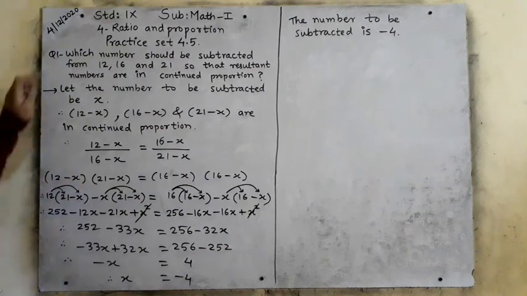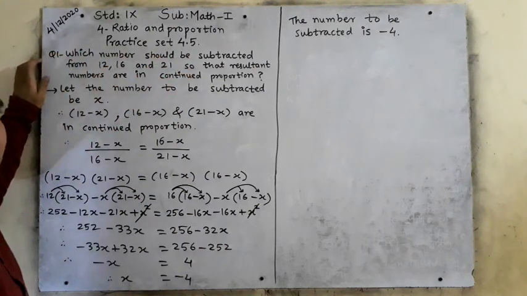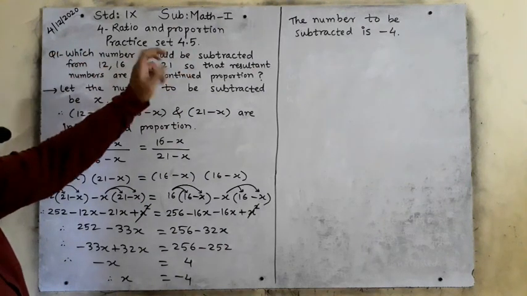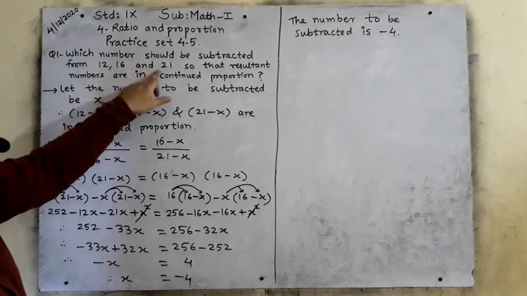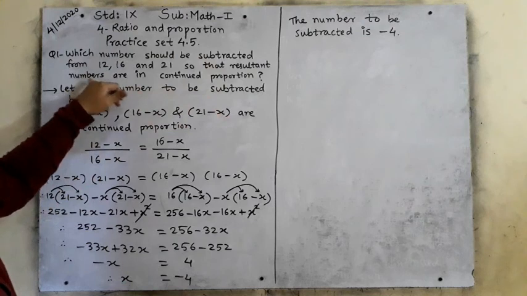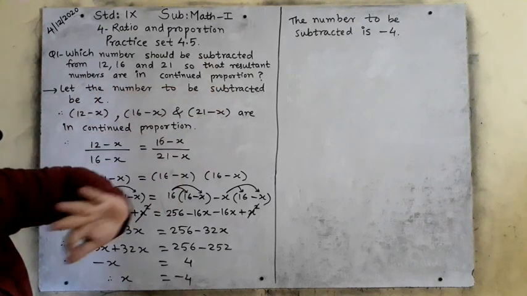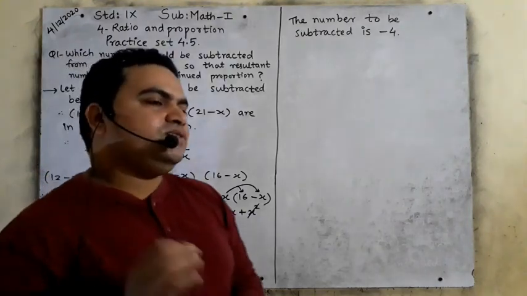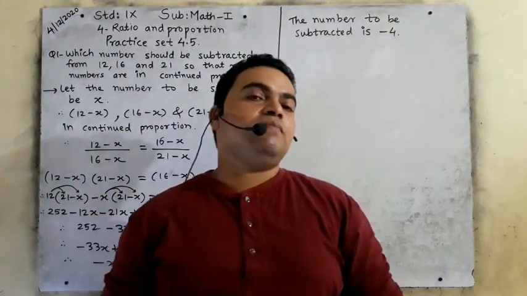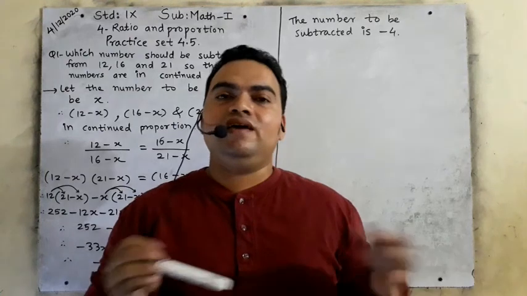See here, practice set 4.5 question number 1: which number should be subtracted from 12, 16 and 21 so that the resultant numbers are in continued proportion? So there is one question: which number should be subtracted from the given numbers.